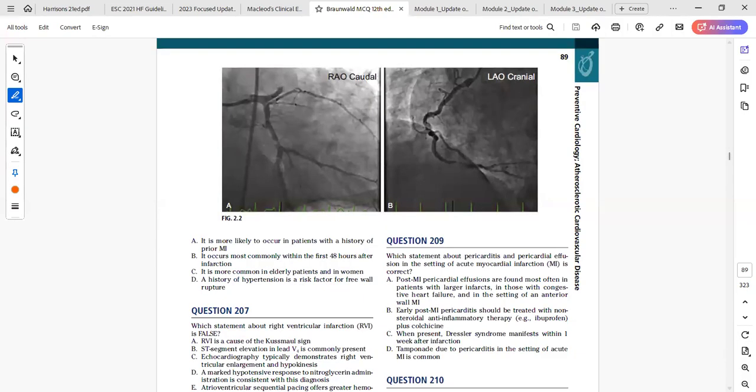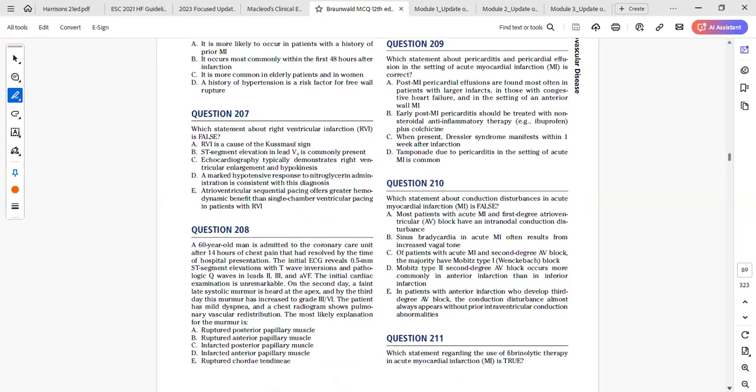Okay. 207. Which statement about right ventricular infarction is false? A. Right ventricular infarction is a cause of Kussmaul sign. B. ST segment elevation in lead V4 is commonly present. C. Echocardiography typically demonstrates right ventricular enlargement and hypokinesis.